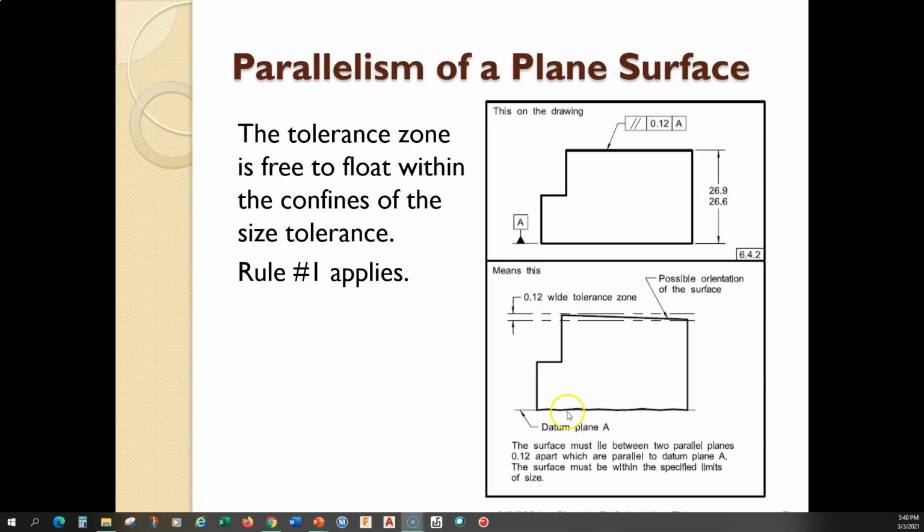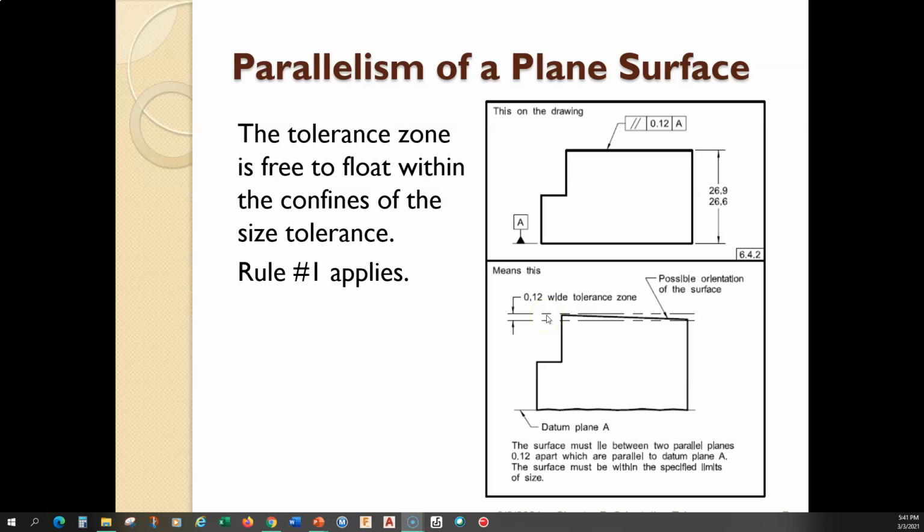So the interpretation of that is the tolerance zone here is going to be 0.12 millimeters wide. That's the tolerance zone. It's two planes that are parallel to each other, and those planes must also be parallel to datum plane A. Now notice what this doesn't do.